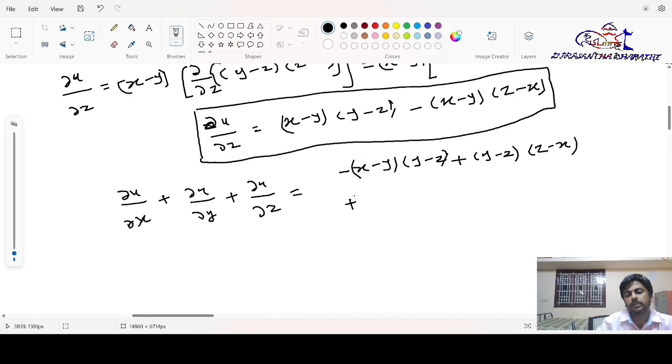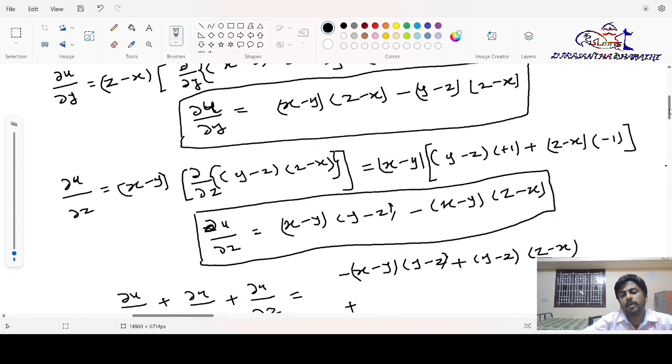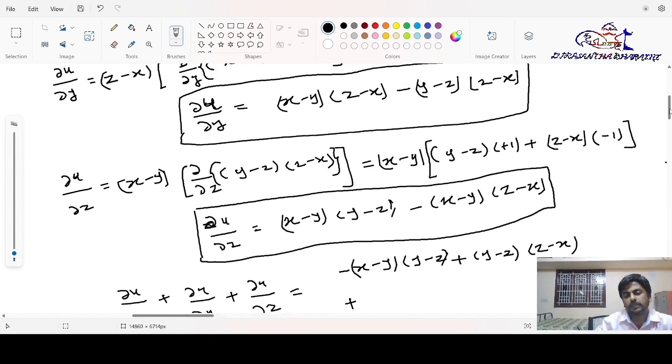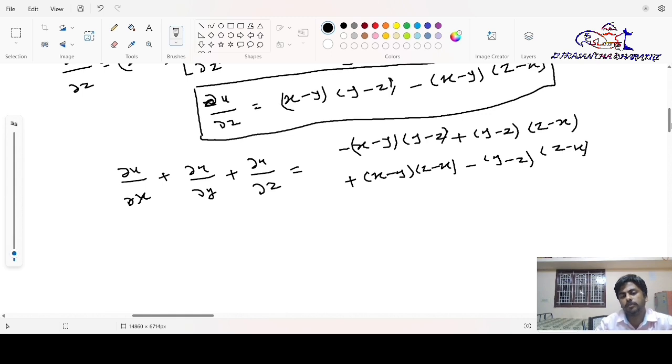The second term is plus x minus y into z minus x, x minus y into z minus x minus y minus z into z minus x, then plus x minus y into y minus z minus x minus y into z minus x.